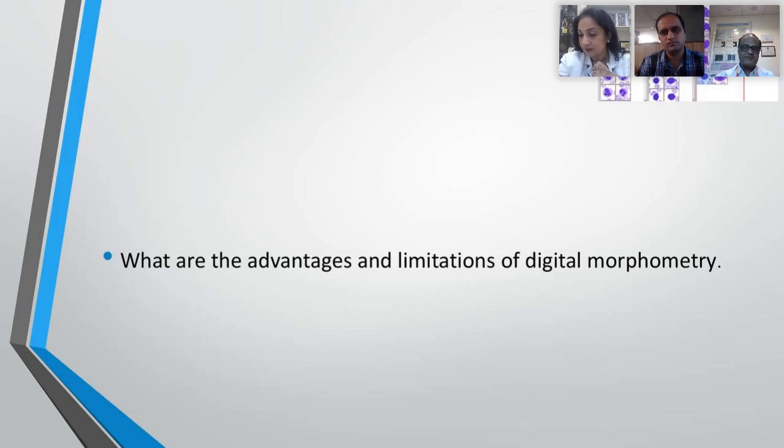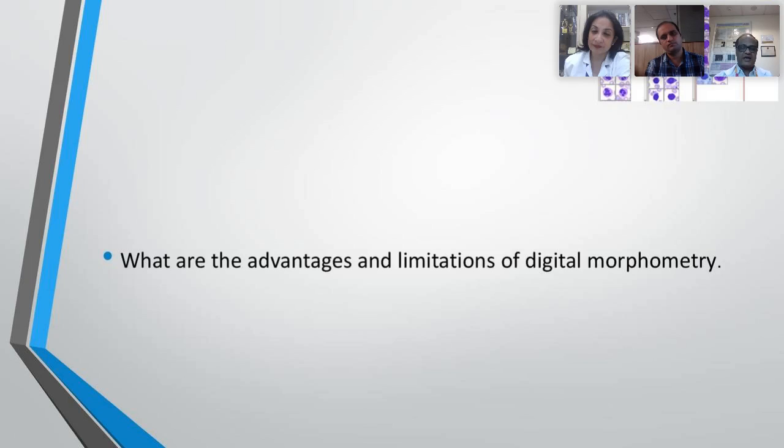And you bring in some system process for full automation of the hematology unit itself. That's what I feel. There is a need for verification of individual things, including your automated hematology analyzer, then the smear maker, stainer, and the digital morphometry itself.